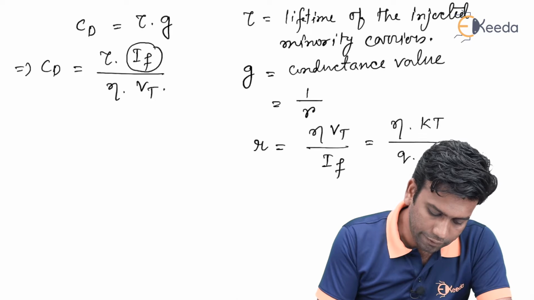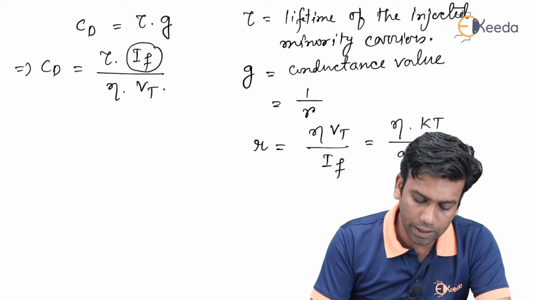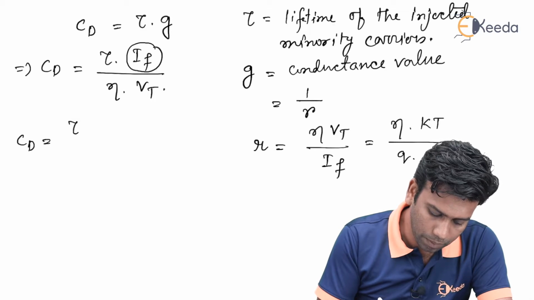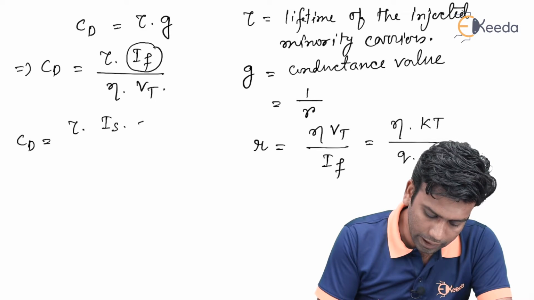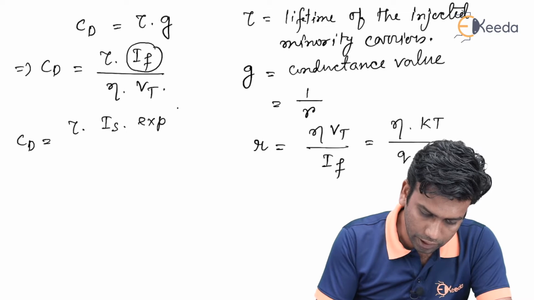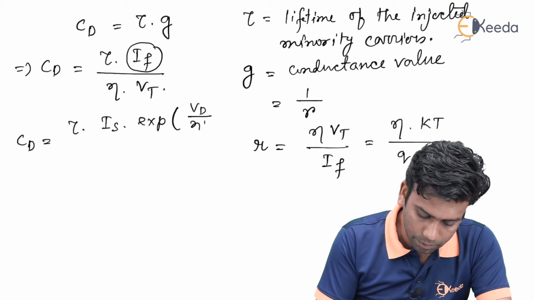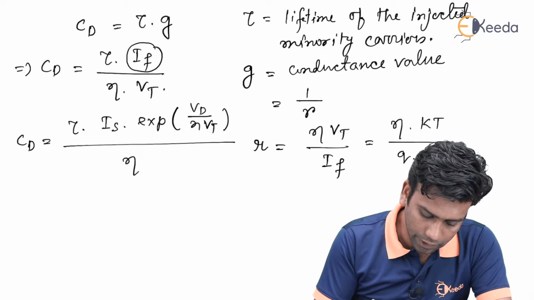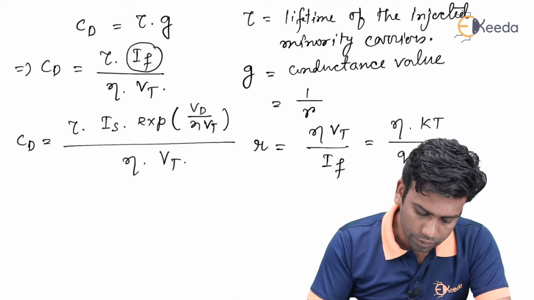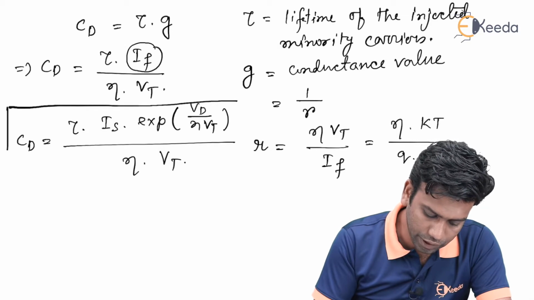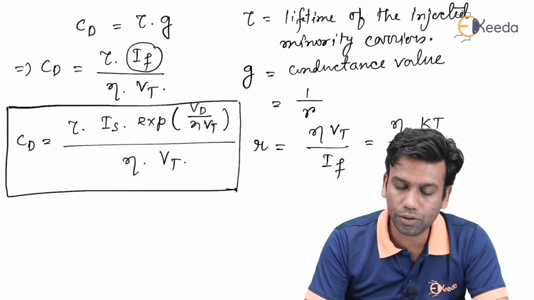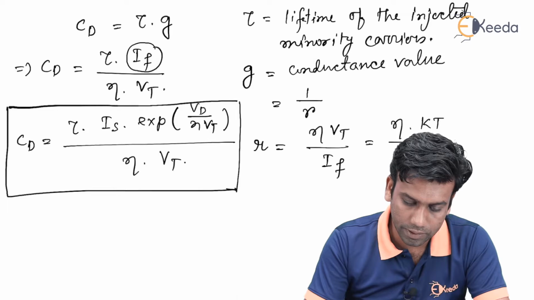Now, this I f is the forward current in the diode. That means, we know the value of I f, that is I s exponential V d by eta V t, divided by eta V t. So, this is the equation of the diffusion capacitance inside the diode in forward bias.